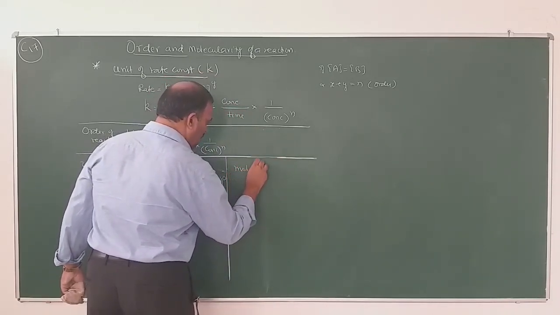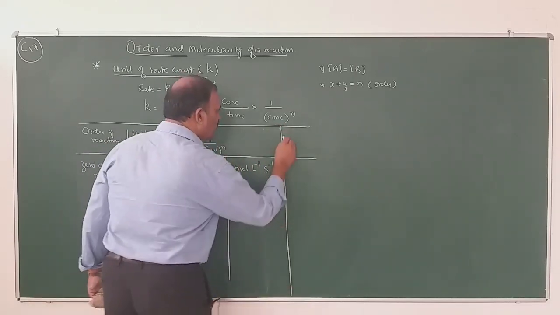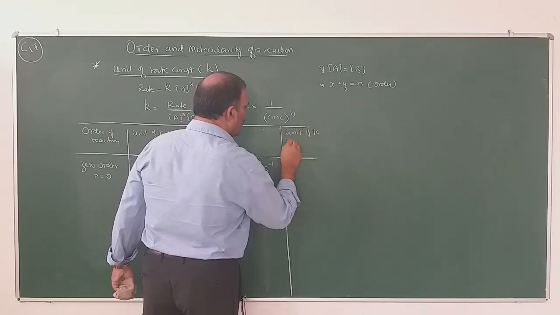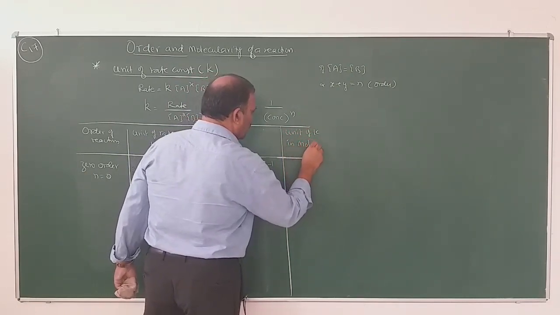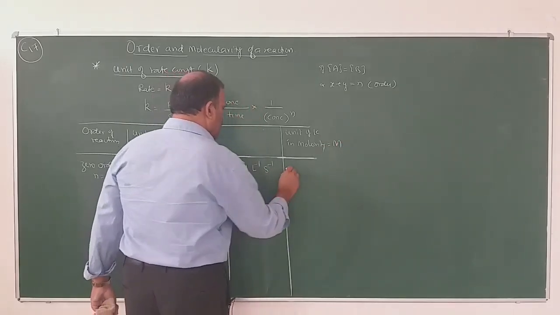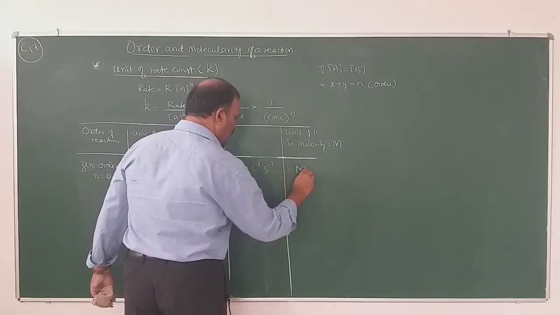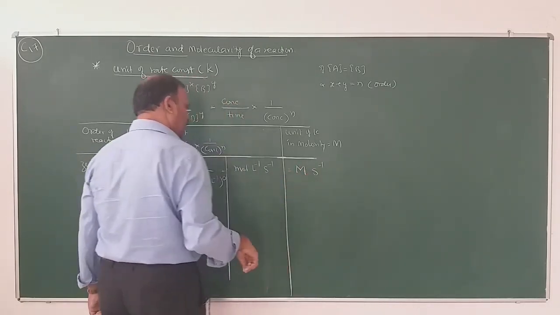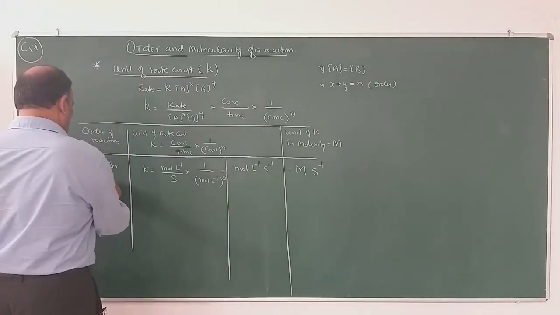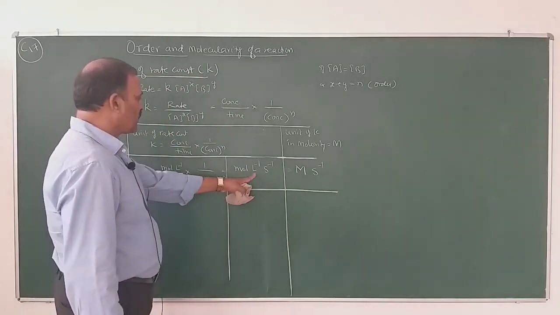In terms of molarity, the unit of K in molarity: molarity means M. So here mole liter minus 1 can be represented as M, so M second minus 1 in terms of molarity. So this is for zero order reaction, mole liter minus 1 second minus 1.